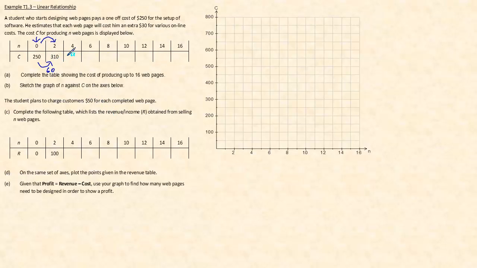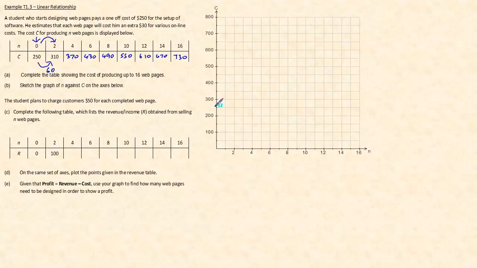So we're going to go up in 60s, so that's going to be 370, 430, 490, 550, then 610, 670, and finally 730. And we want to draw that on the axes.